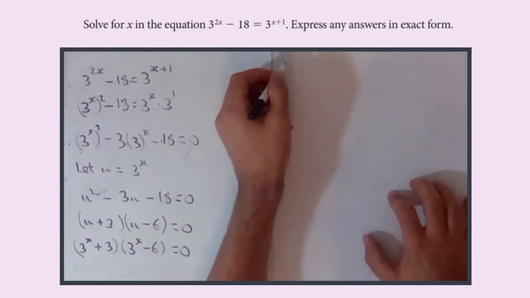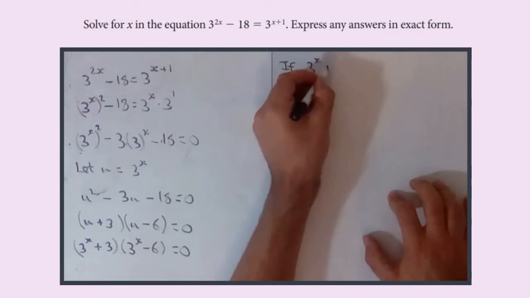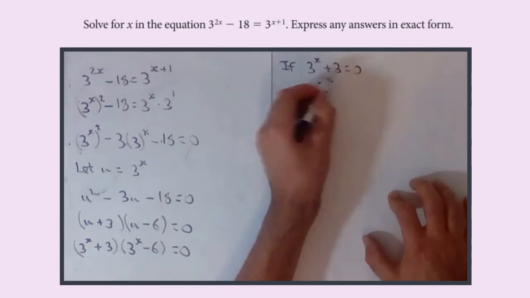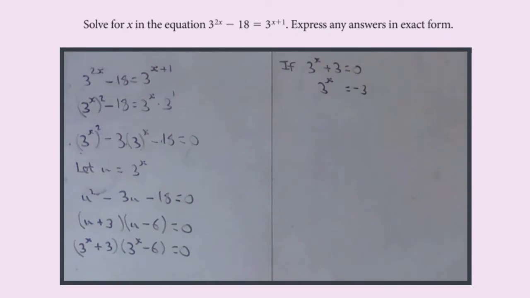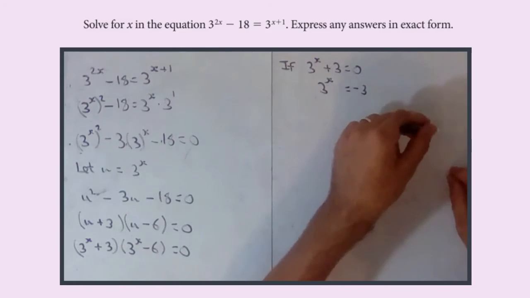So if 3 to the x plus 3 equals 0, that would mean that 3 to the x would equal minus 3. And if you think about raising 3 to a power to get minus 3, well, it's not possible. You think of the graph of 3 to the x, it has an asymptote at y equals 0.